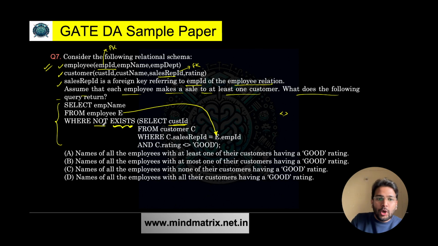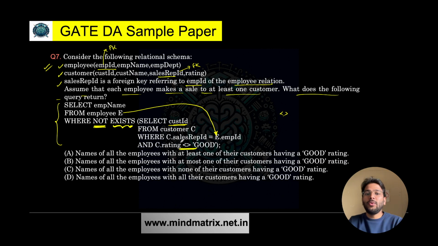And then we have not. So here not means not exists. Now that is going to negate it. So do we have at least one employee who has not received a good rating from all his customers, right? And this not is also present, so it is going to negate it.